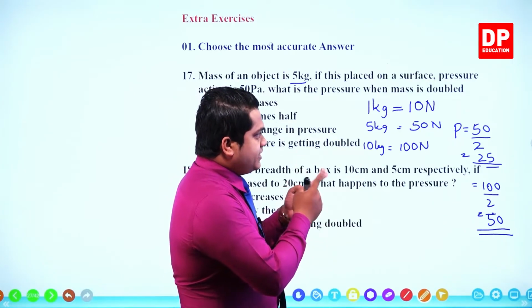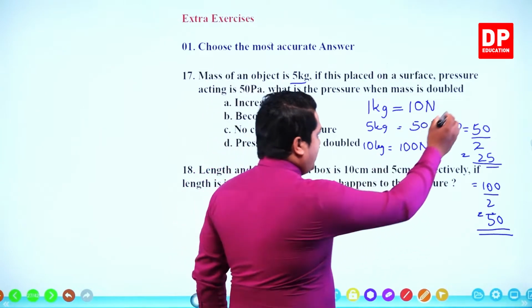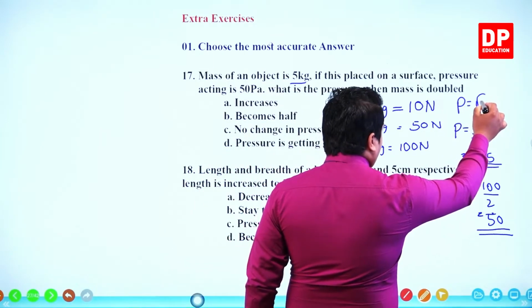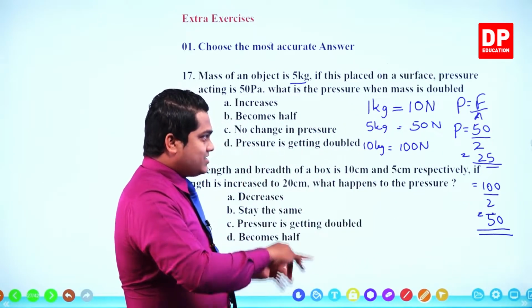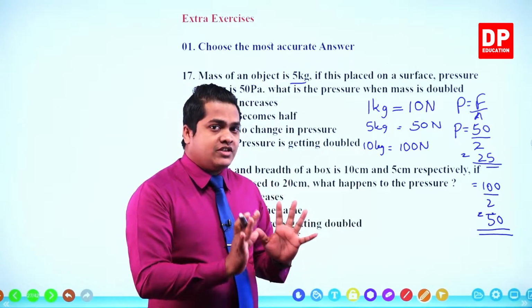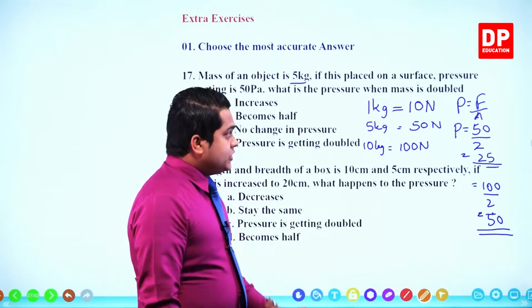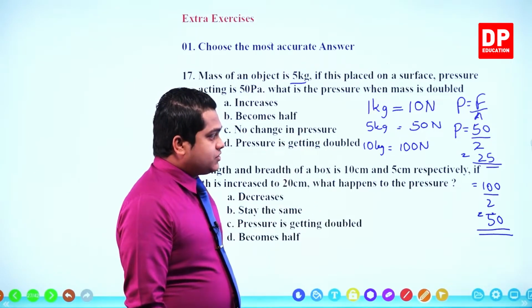In the earlier case, of 50 Newton, you know that P is equal to F over A. So when you divide 50 Newton by 2, the answer is 25, Pascal or whatever. We will say that the pressure is 25 units. So when doubling the mass, you are going to double the force also. Why?